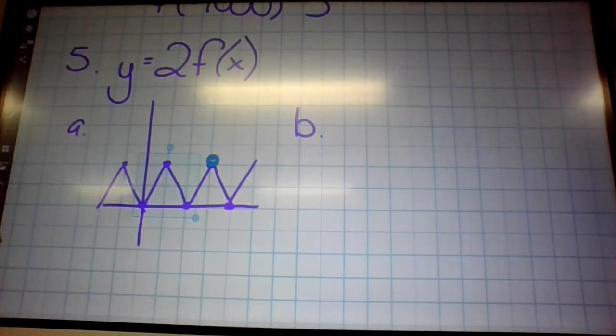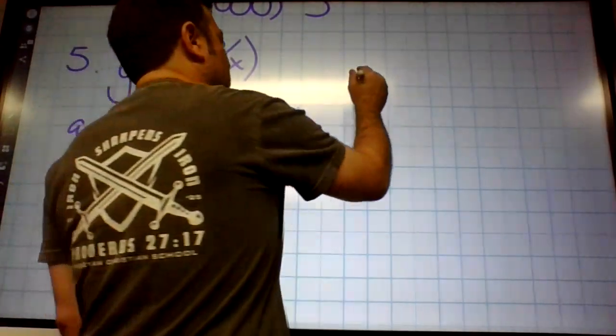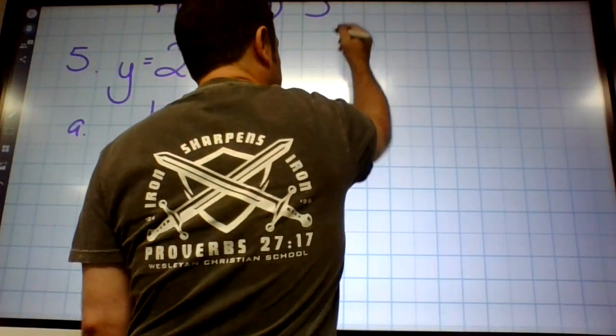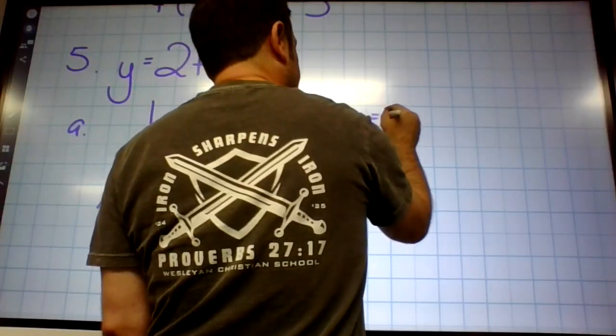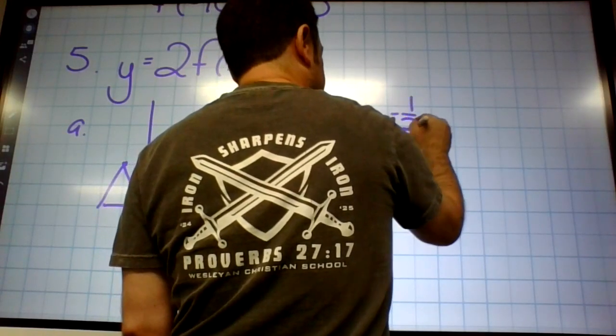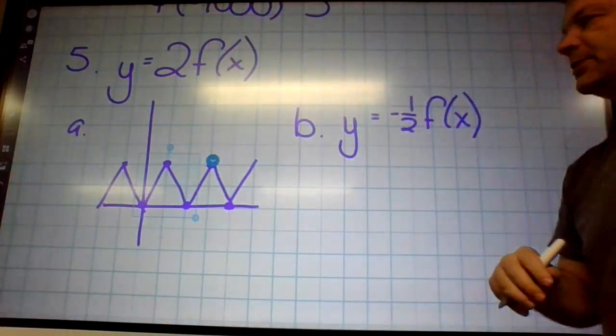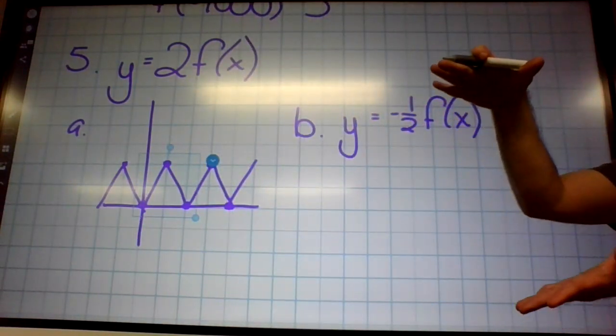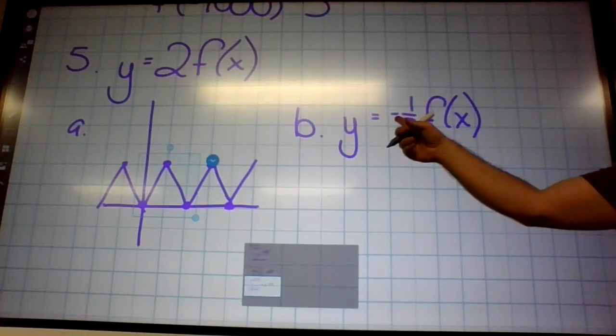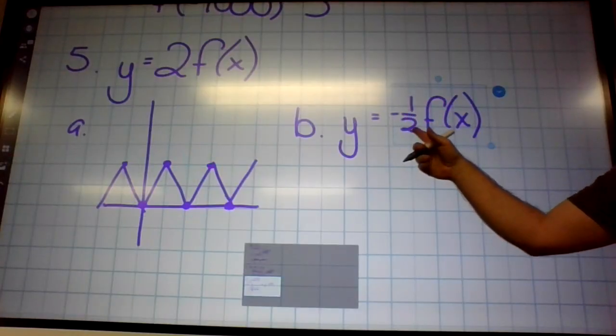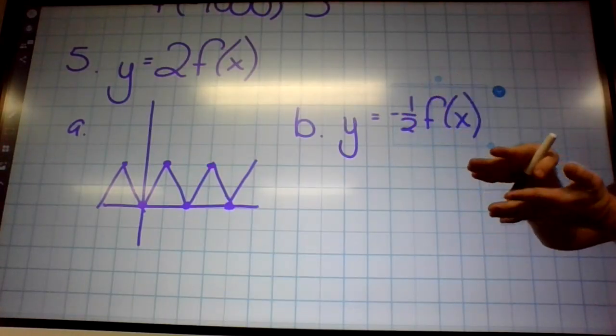Okay, on B, what happens if we multiply the function by a half? What's going to happen to the function? Okay, the negative flips it upside down, but what's the 1/2 do? Half as tall.